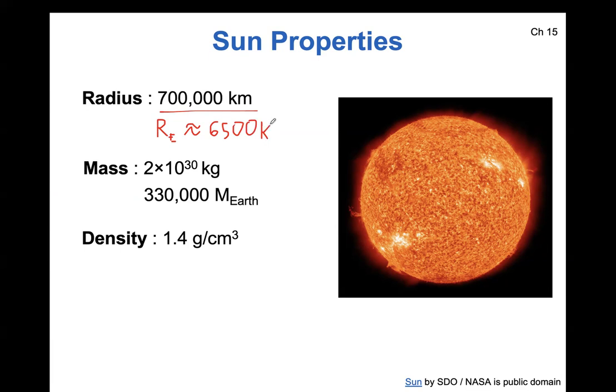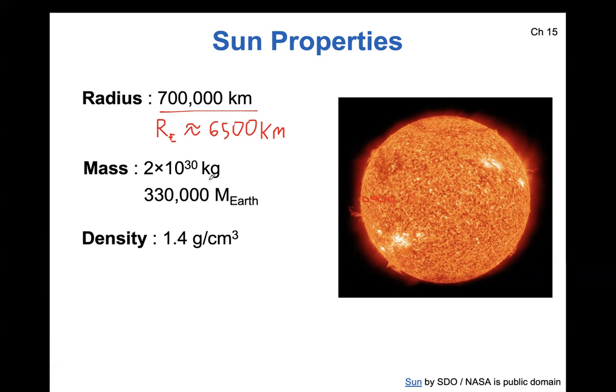And if we round that even more up to 7,000 kilometers, then we see that the sun is 100 times bigger, or we could just confidently say over 100 times bigger across than Earth. It would take 100 Earths lined up to get all the way across the sun.